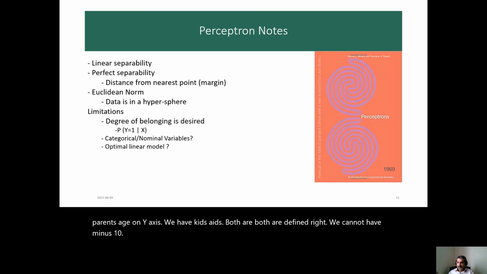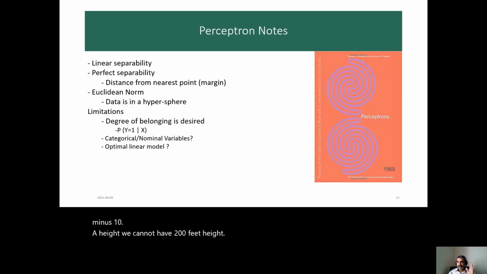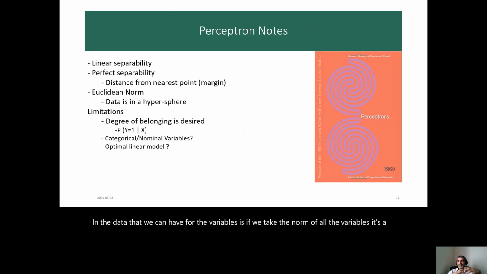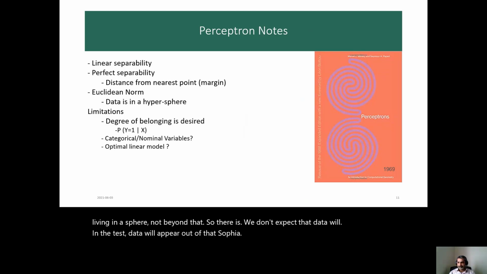We cannot have 200 feet height. So for the variables in the data, if we take the norm of all the variables, it's living in a sphere, not beyond that. We don't expect that test data will appear outside of that.